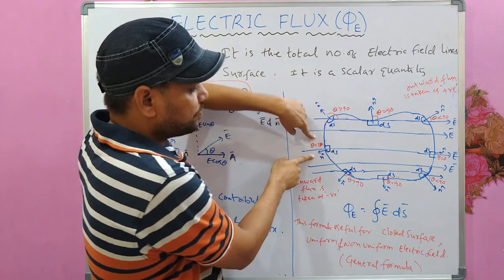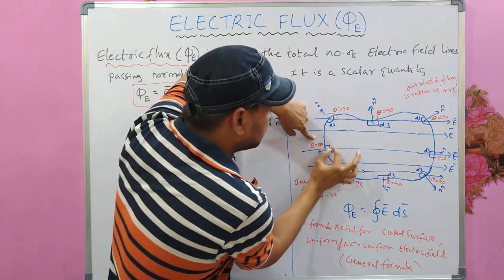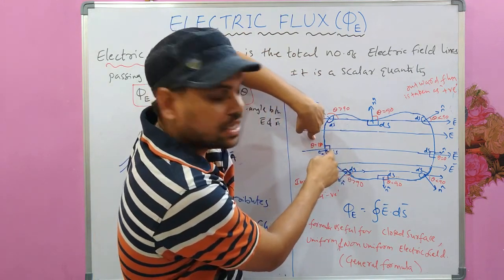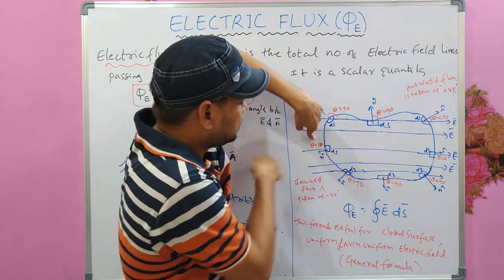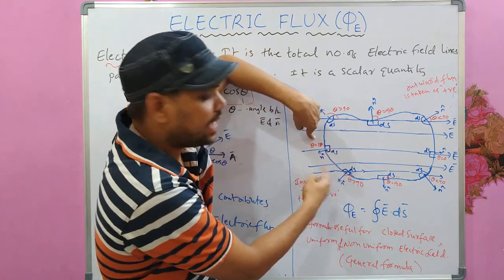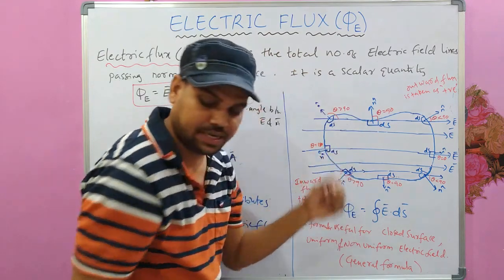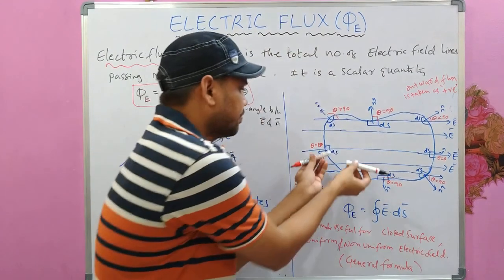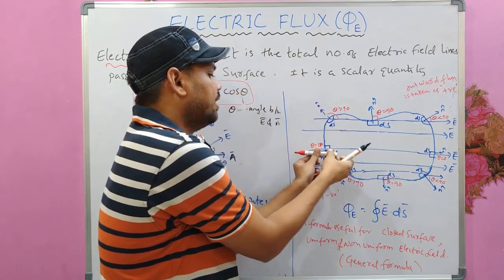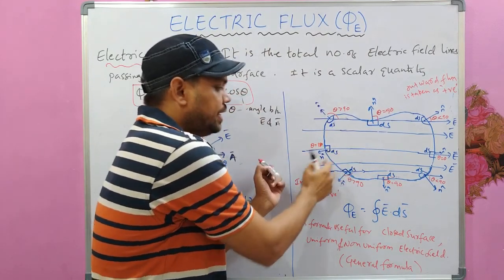Now come back here. I have taken one small segment ds whose area vector direction is in this way, n cap, and the angle between the electric field vector and the area vector here is 180 degrees. They are in this way, electric field and n cap. So 180 degrees.